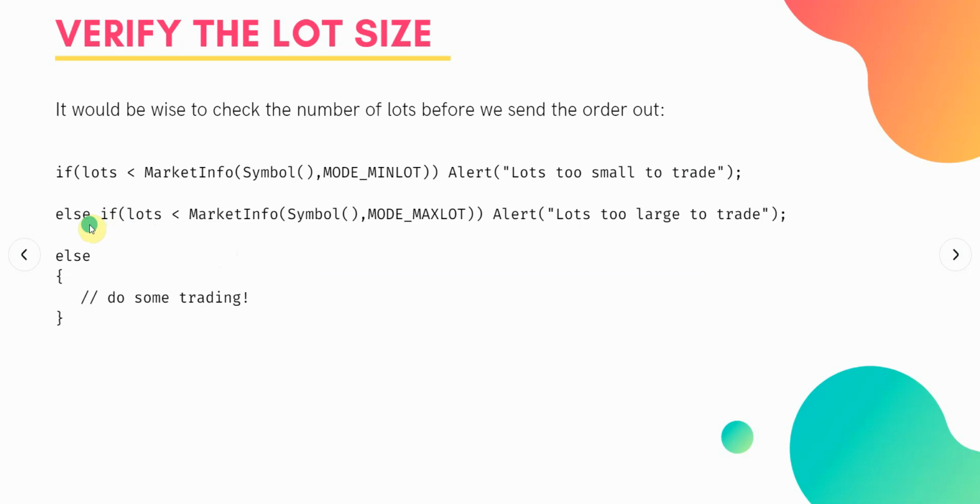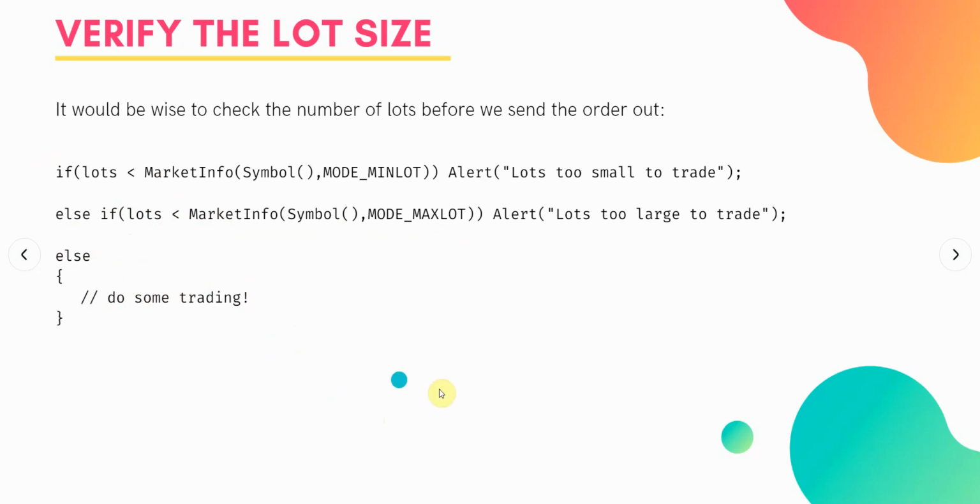Again, we can use an else if here, and if our lots are greater than our max lot, so the opposite of min lot, we flag lots too large to trade. What we're trying to work out is whether we're trying to trade more lots than the terminal will actually allow, and if we pass those checks, then we can do some trading.